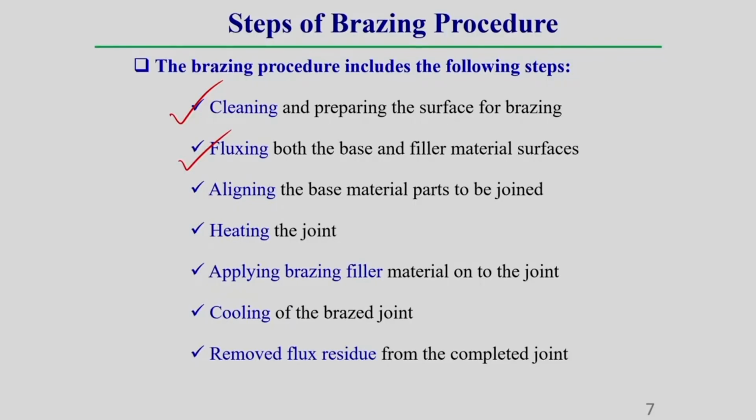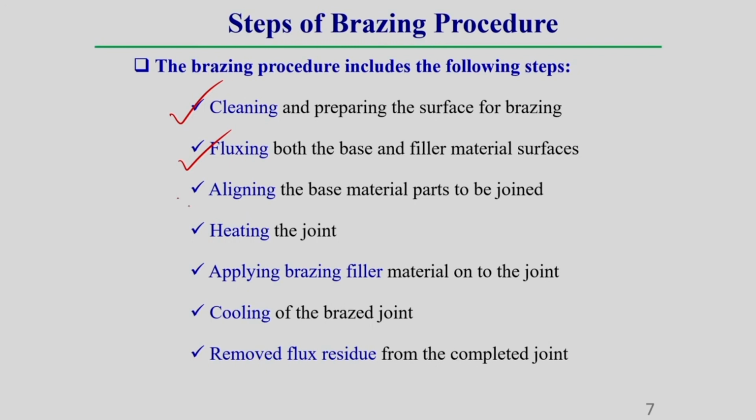Because if there is any impurity, then the wetting angle increases. Once the wetting angle increases, the wettability decreases. Understand what I am telling? So, the second point is fluxing both the base and filler material surface. First clean, then we have to apply the flux over the surface as well as over the base material surfaces.